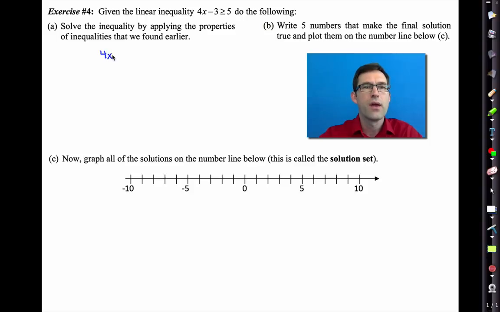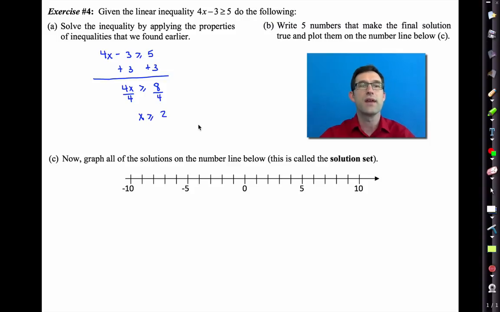One property of inequality that we had was the additive property of inequality, and it said that if we add or subtract, then the inequality, as written, continues to be true. We don't have to switch anything. Now we have the multiplicative property of inequality that says if we divide both sides by a positive integer, the inequality remains true. So x is greater than or equal to 2 is our solution to this inequality.